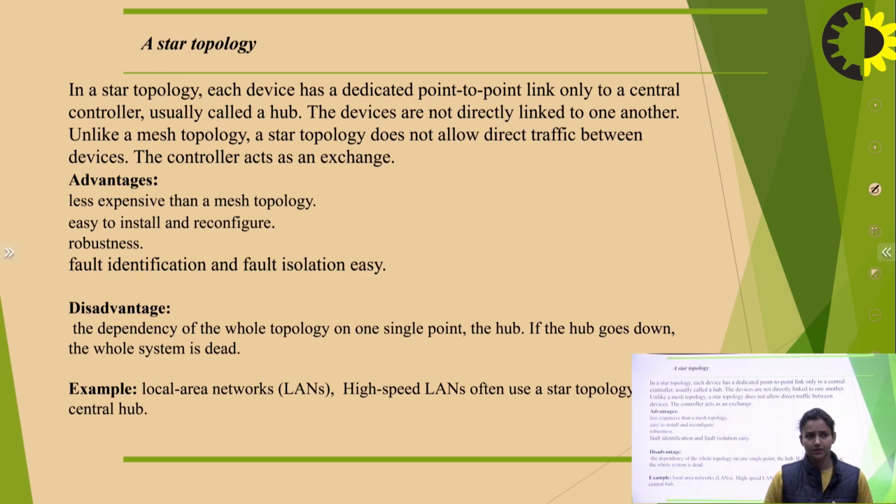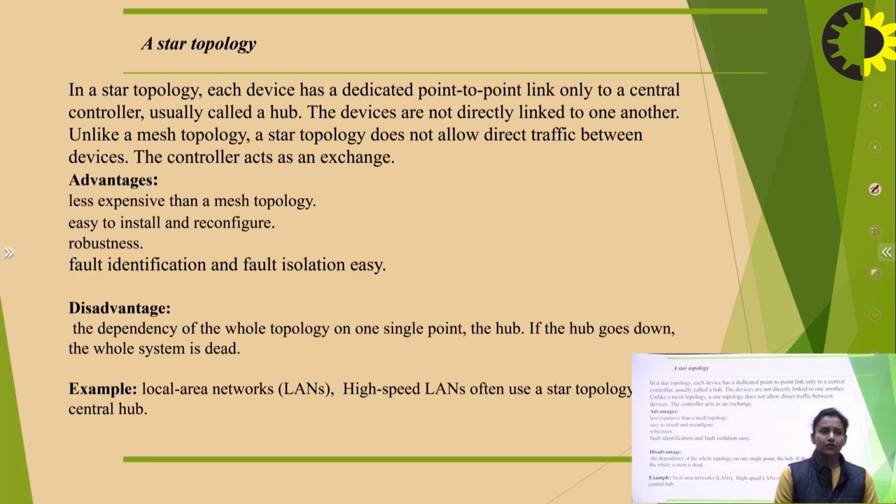It is less expensive than mesh topology. Obviously fewer devices and less wiring are used. It is easy to install and reconfigure. Robustness is strong. Fault identification and fault isolation are easy. If there is any error, we know the data received from the hub is incorrect, so we can easily correct it.